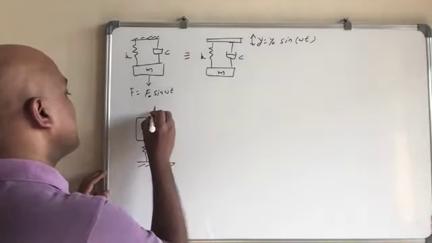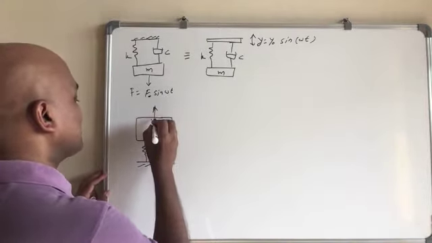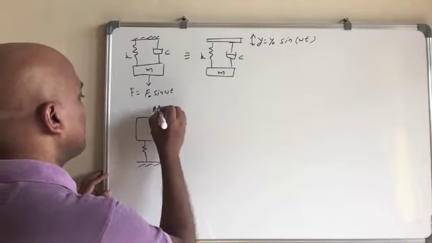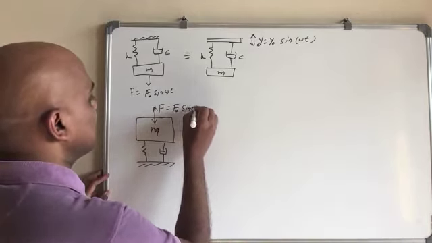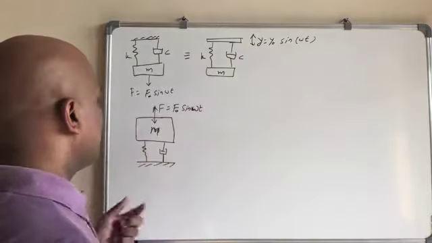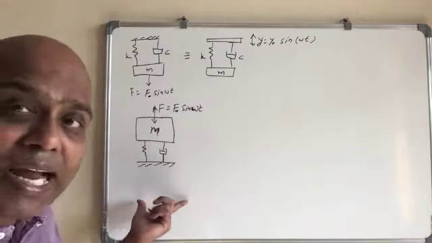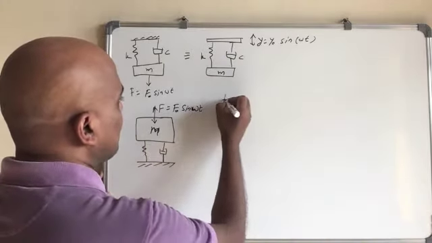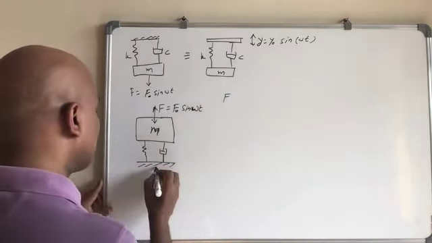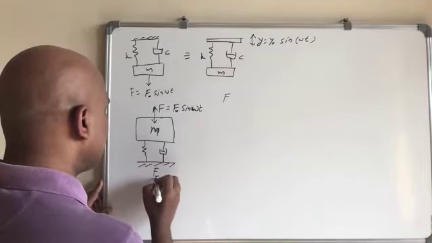Because of that, there was a dynamic force F equal to F naught sine omega t. Then we tried to find the force transmitted to the ground, Ft.